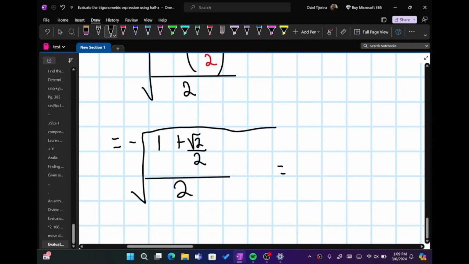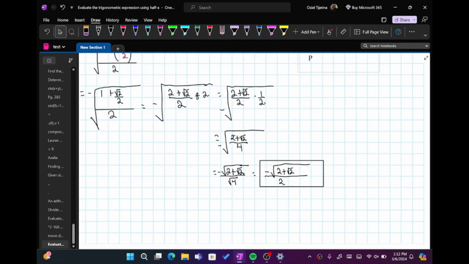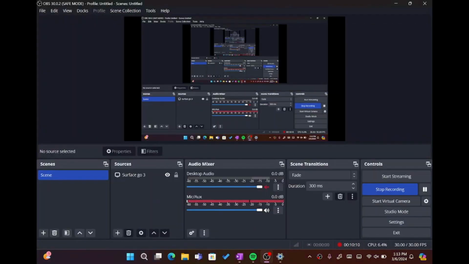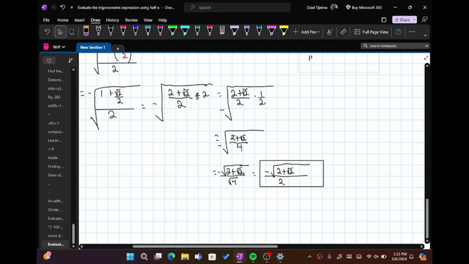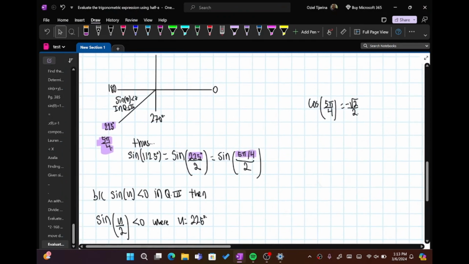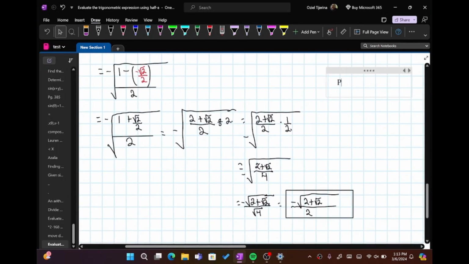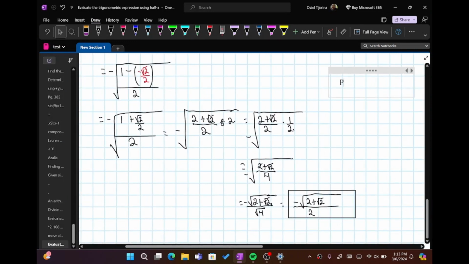Alright guys, so as you can see, we get the following, and this is how we evaluate the sine of theta over 2 given that it's negative in quadrant 3. If you're confused, just look at what I did. It's just simple arithmetic.